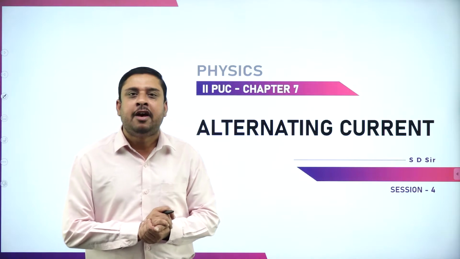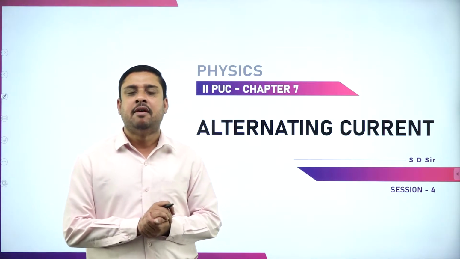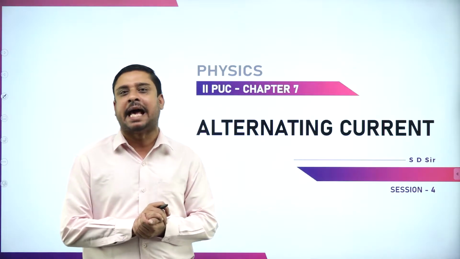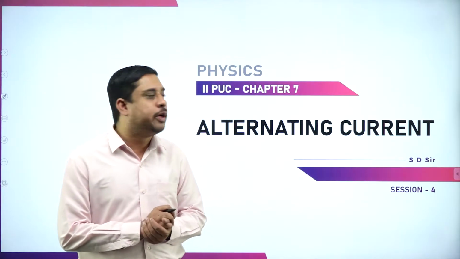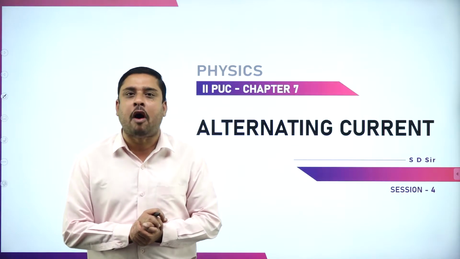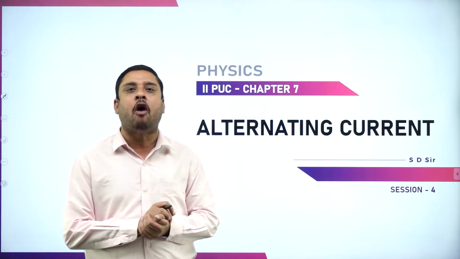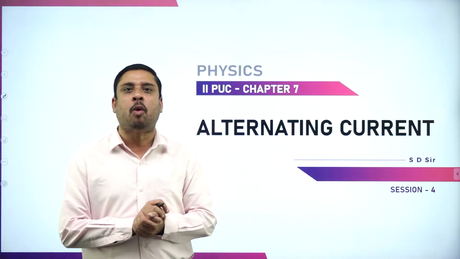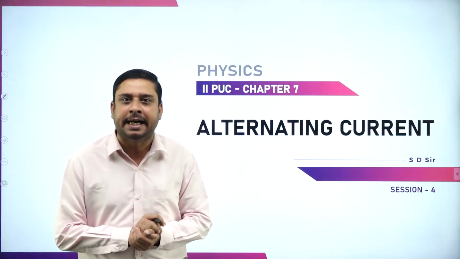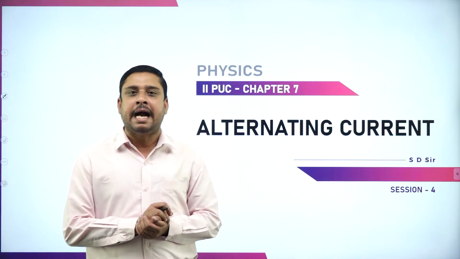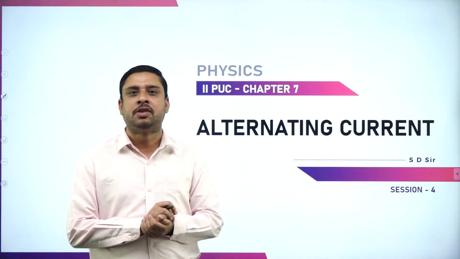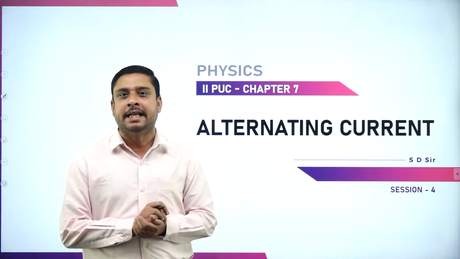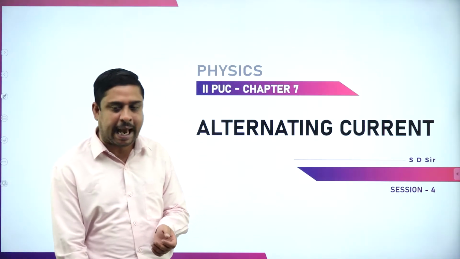They are all 5 markers which were asked in previous exams. And today I will be concentrating on the problems from electromagnetic induction. And these are the problems which were asked for 2 marks in the previous exam.